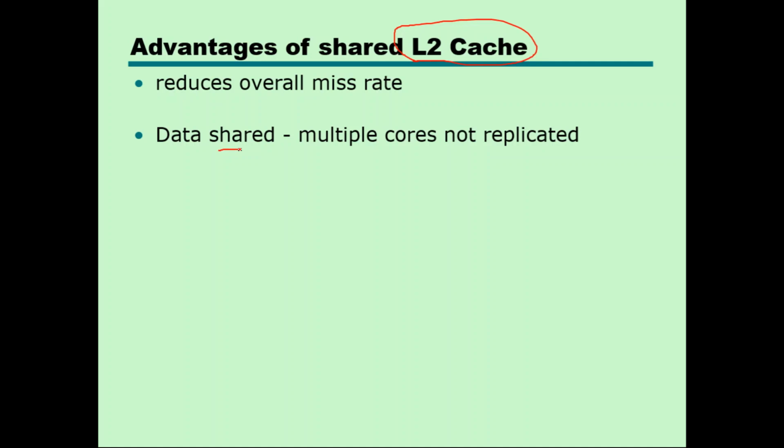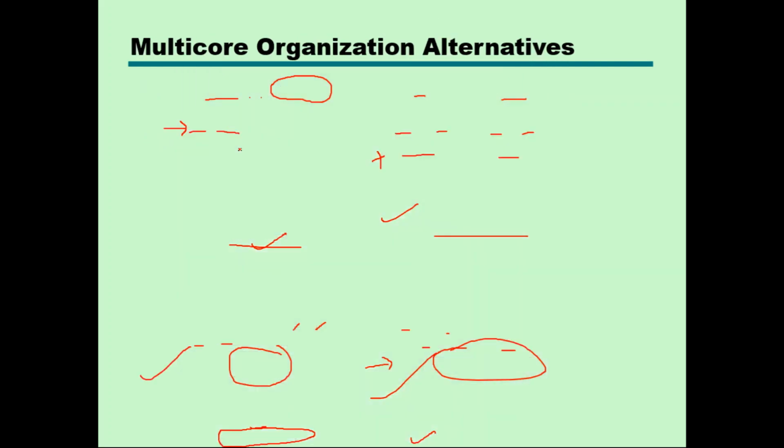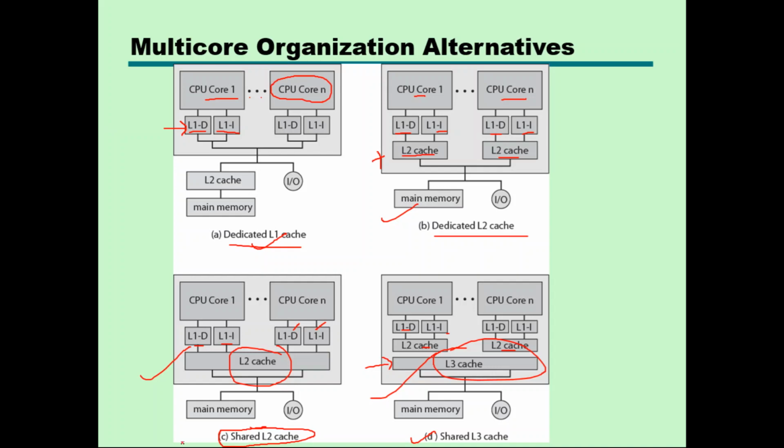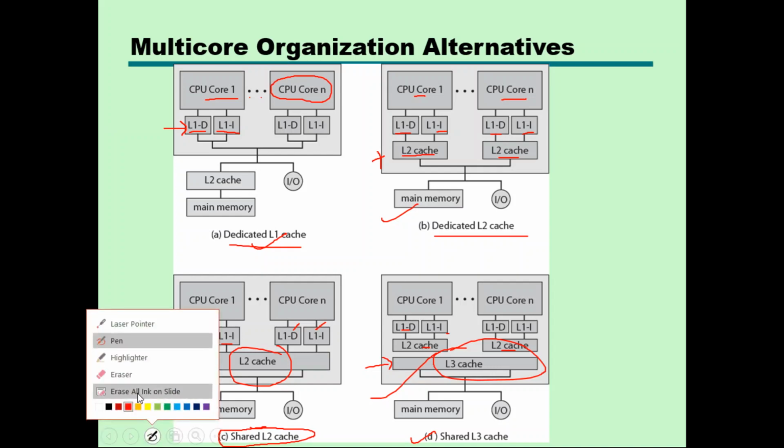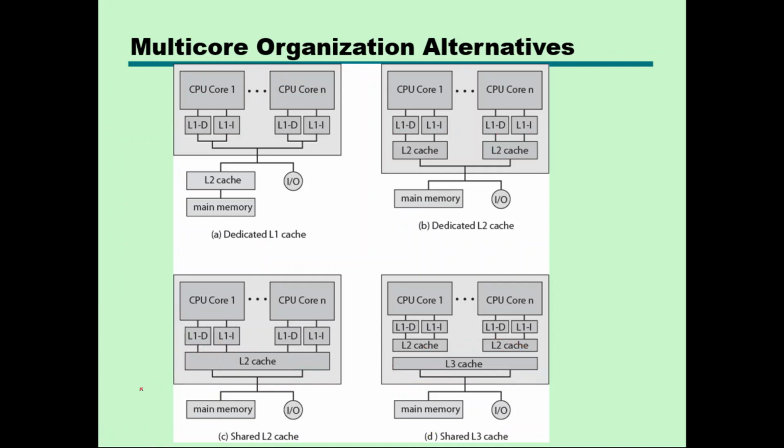For example, if a particular variable is to be shared between two cores or all the cores, then it is better that the content be in L2 cache. Because L2 cache is shared among all the processors, everybody can access it.